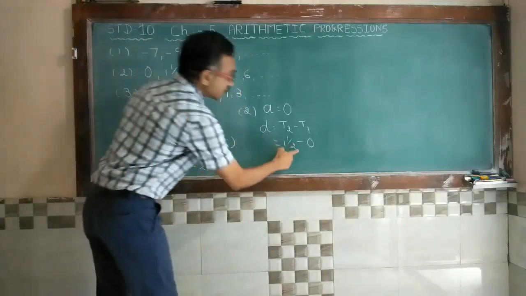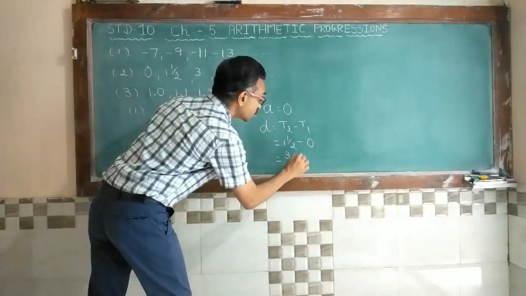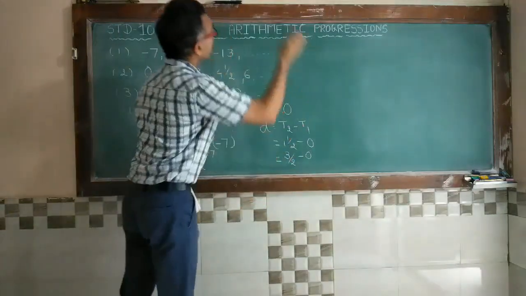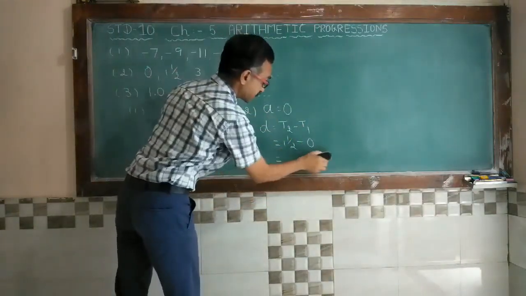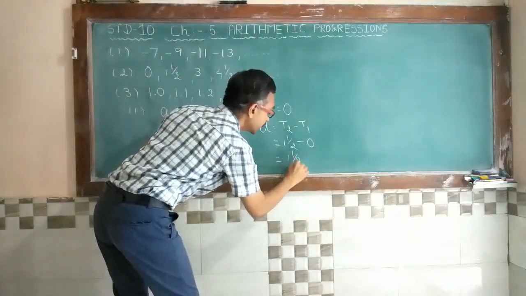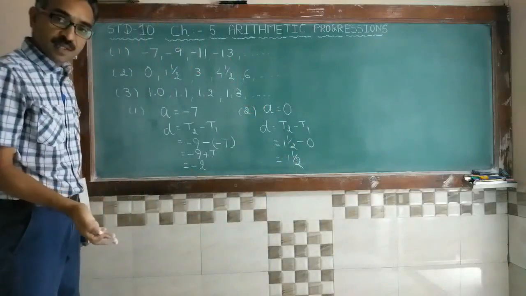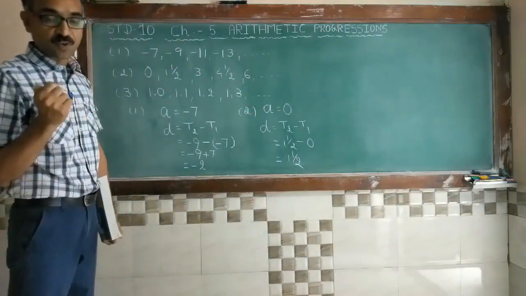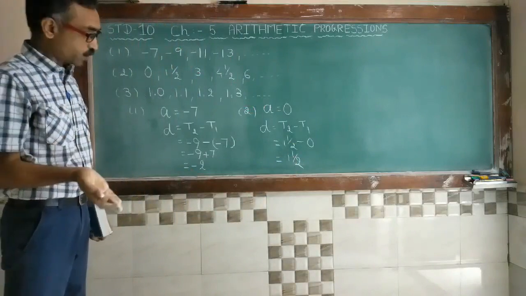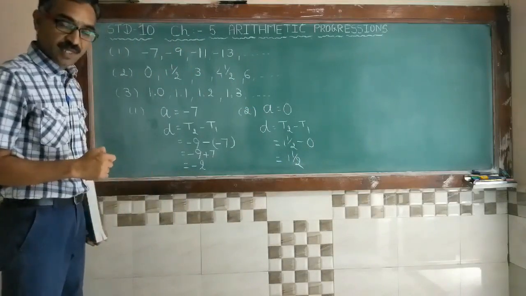So 2 ones are 2 plus 1, that is 3 upon 2 minus 0. Or you can simply write 1 and a half, because minus 0 means nothing is subtracted from the 1 and a half. So the common difference is 1 and a half.